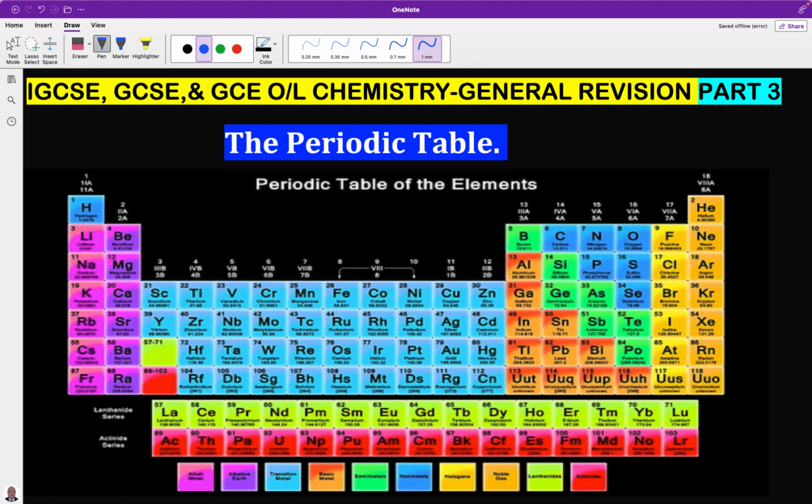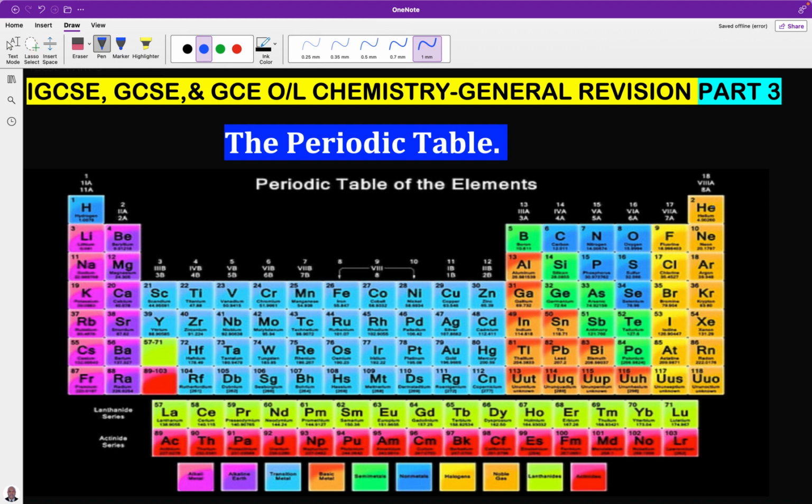Then, from group 13 to group 17, or what we call from group 3 to group 7, that is from boron right to fluorine, we call these groups of elements the P block elements.